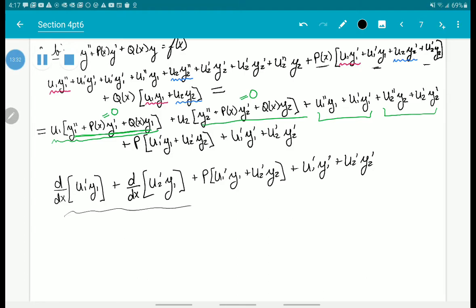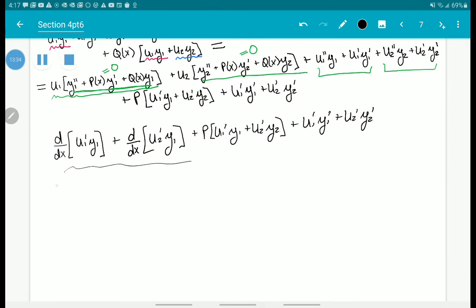Now we could condense that and put those two together. So that's the same thing as saying I'm taking the derivative of u1 prime y1 plus u2 prime y1. Oh, just kidding. That's a y2. Let me correct that subscript. Okay, still a true statement.